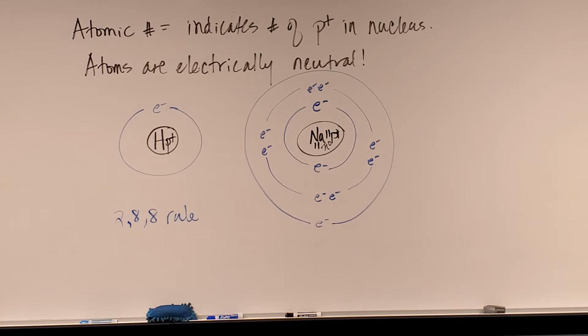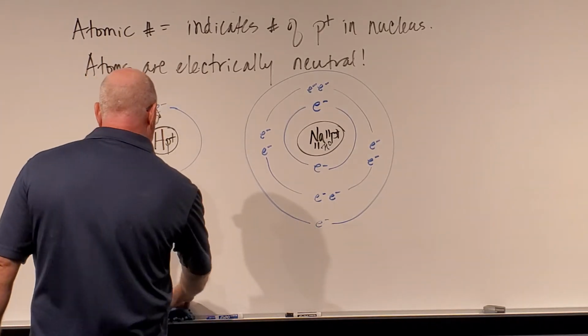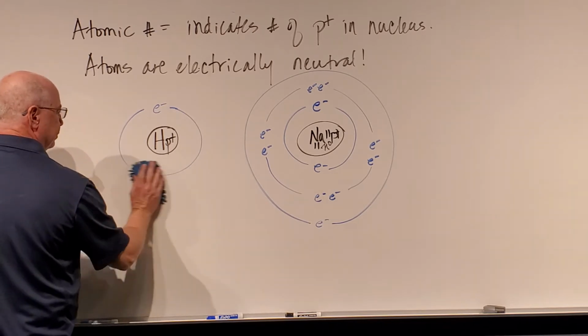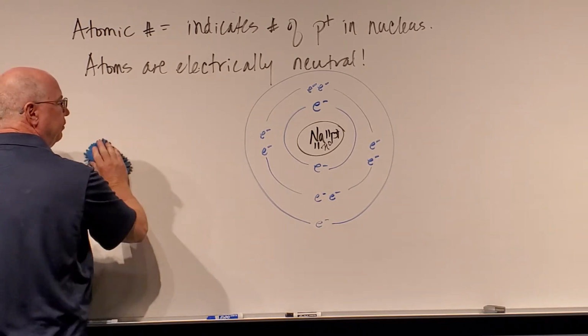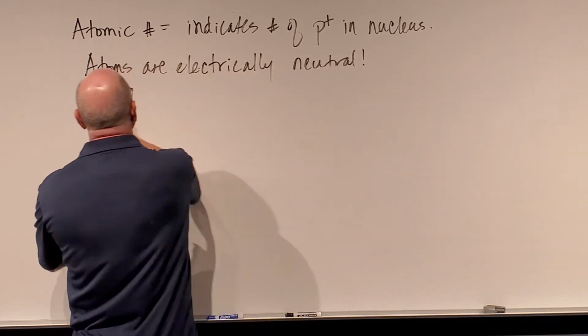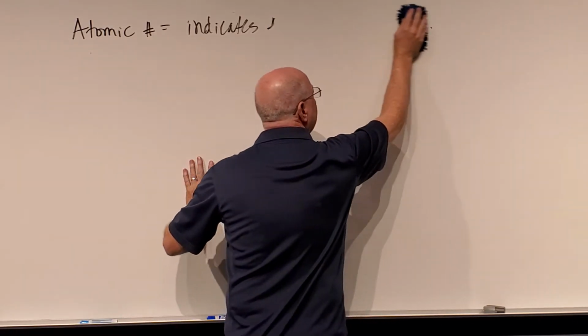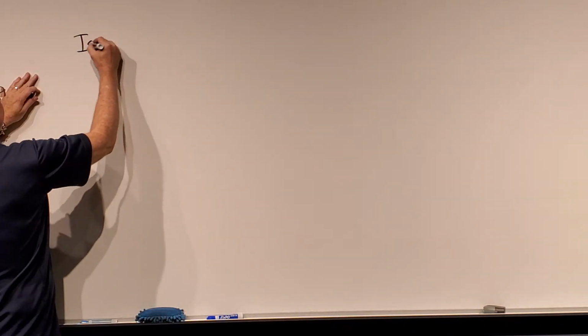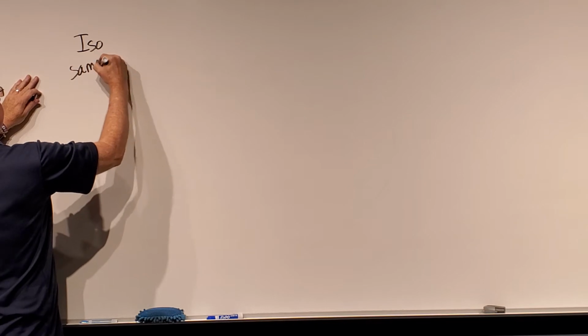Now, there is a concept called an isotope. So let me do this, okay? I'm going to erase these 2 atoms. I'm going to erase all this information. And we're going to talk about what an isotope means. Anytime we see iso in biology or chemistry, it means same.